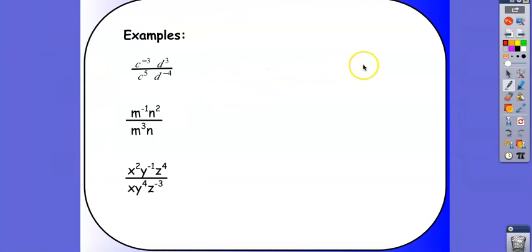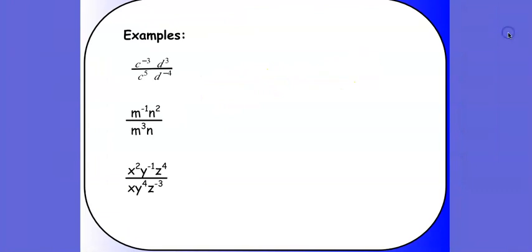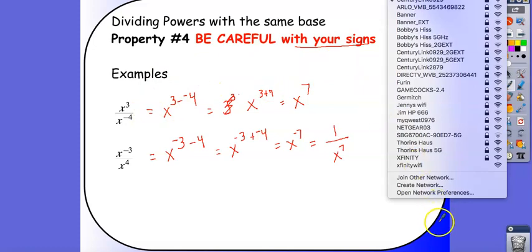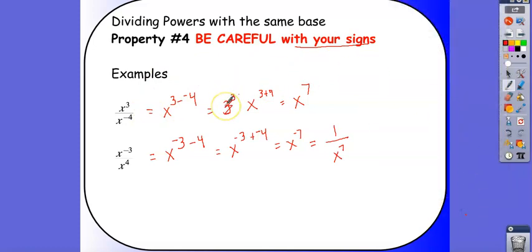There's one thing I want to show you on the previous slide that I didn't show you. Remember how I said the order you do things in doesn't necessarily matter. You can be creative. Now, we've been using the division property.